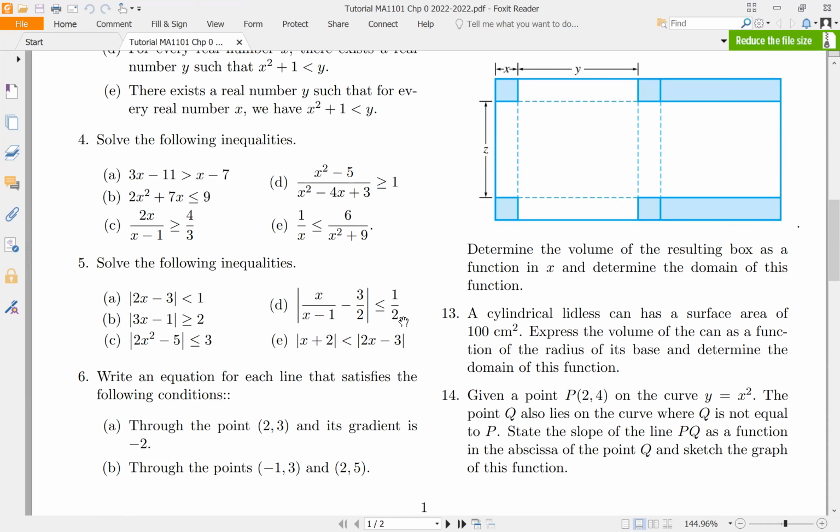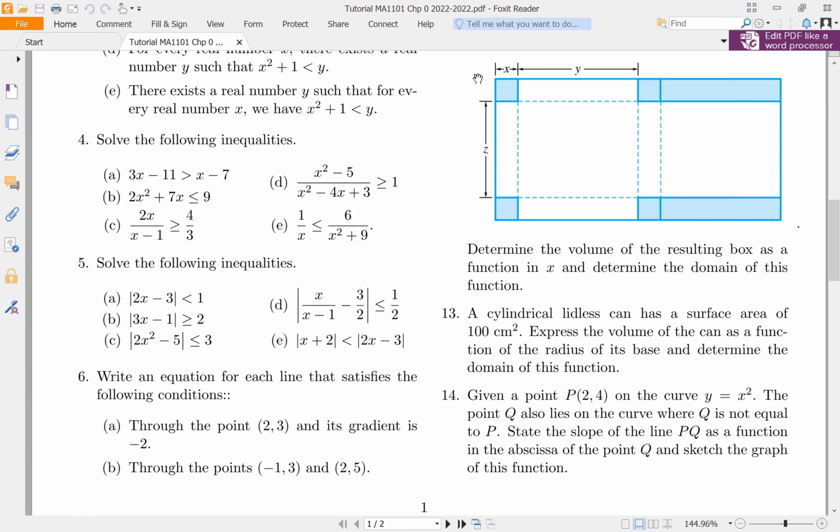For example, consider 6a here. The question is to determine the equation of a line that passes through the point 2, 3, and suppose that its gradient is minus 2.